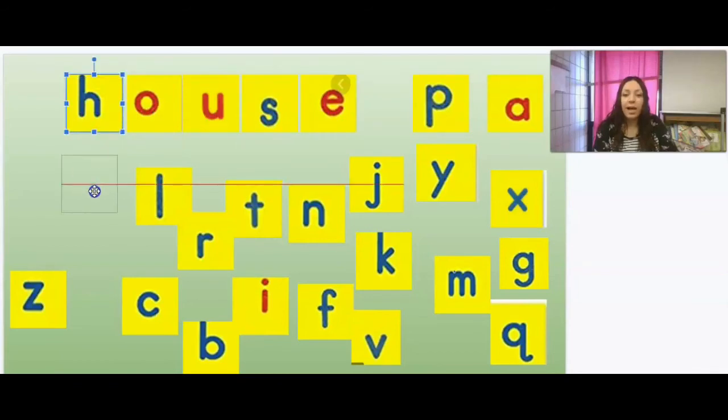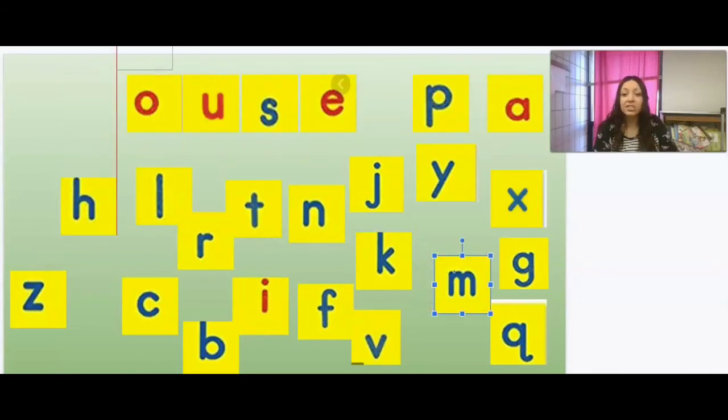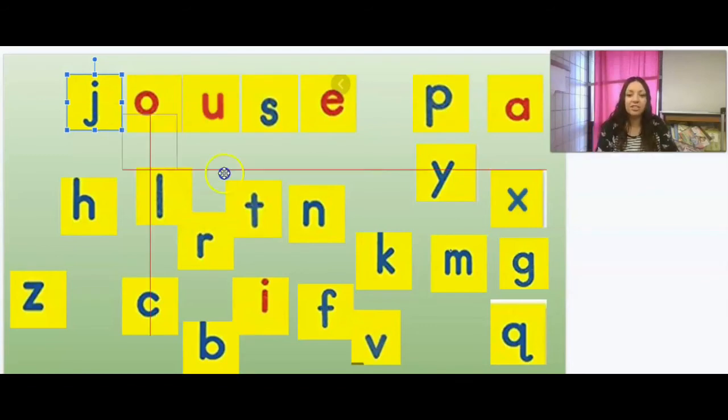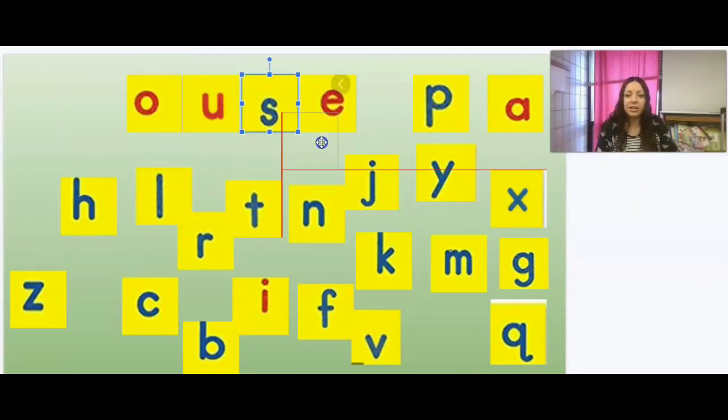House, very good. What happens if you change just that initial or beginning sound? Now I have the word mouse. Good job. Now I want to make a silly word. Are you ready? What if I put a J in front of it? Now it's joust. That's right. I'm just changing that first sound. Good job. All right, we're going to try another one.